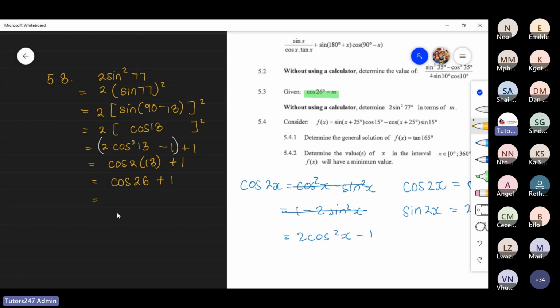So all I'm now going to do is substitute m in place of cos of 26 and add my plus 1. So that is it. I did not change anything by adding negative 1 plus 1. It still stayed exactly the same. All I did was use the rules of algebra that I am familiar with to manipulate the question so that I can get what I want.